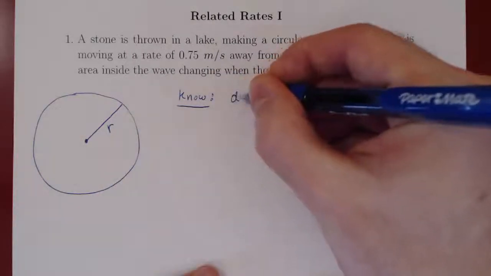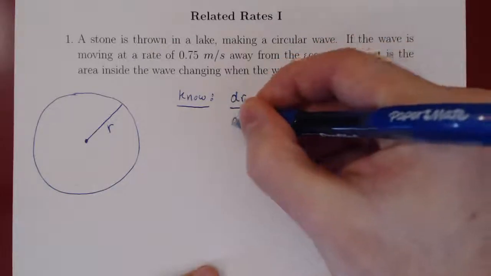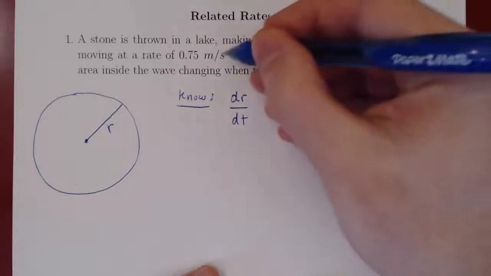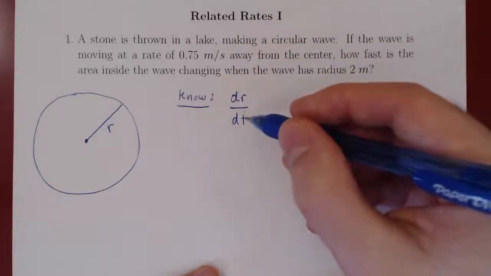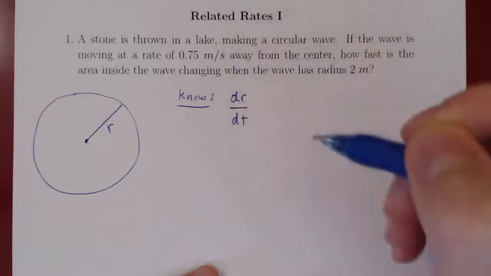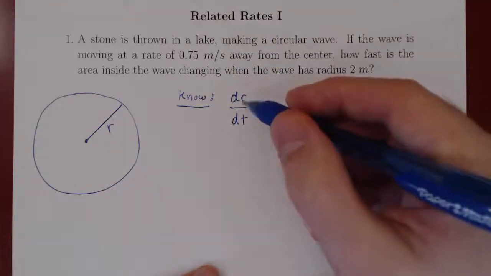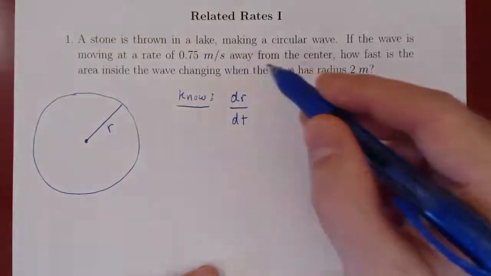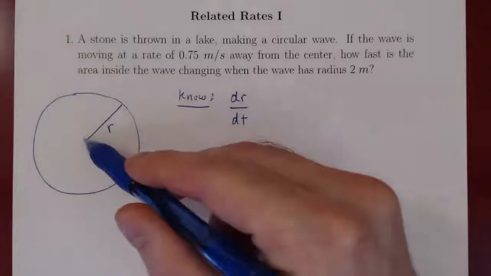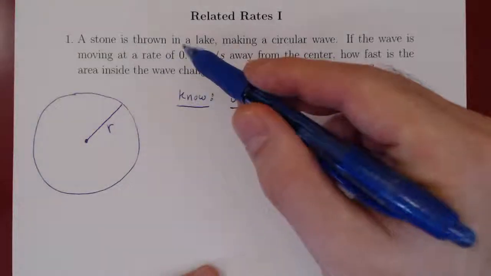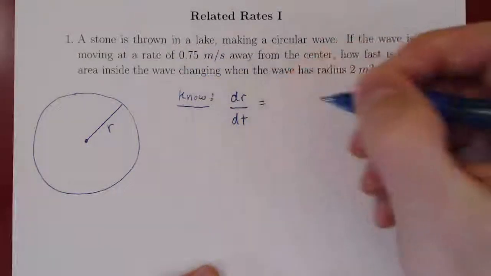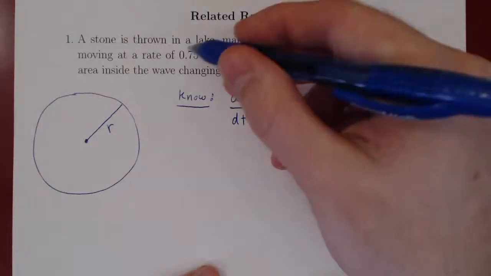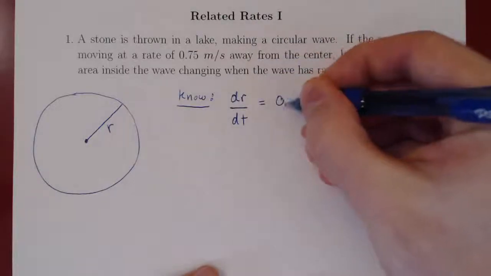This will be dr over dt, the change in r over the change in time, in meters per second, so implicitly we're measuring time in seconds. As time goes on, the radius is increasing, so we have a positive rate of change: plus 0.75 meters per second.